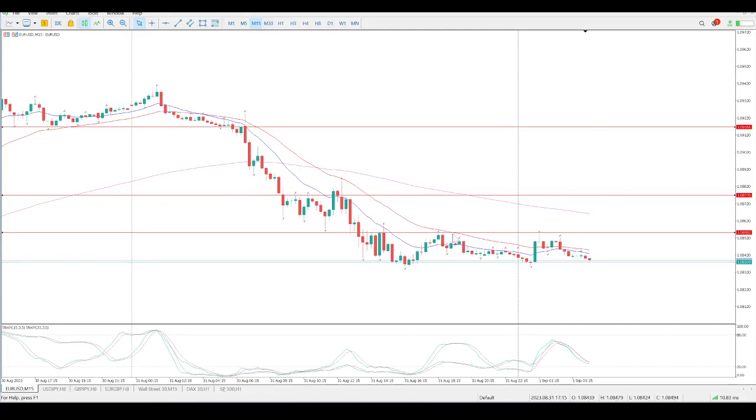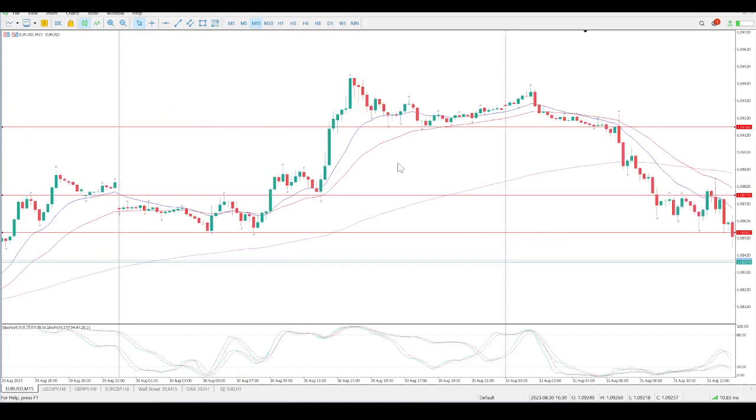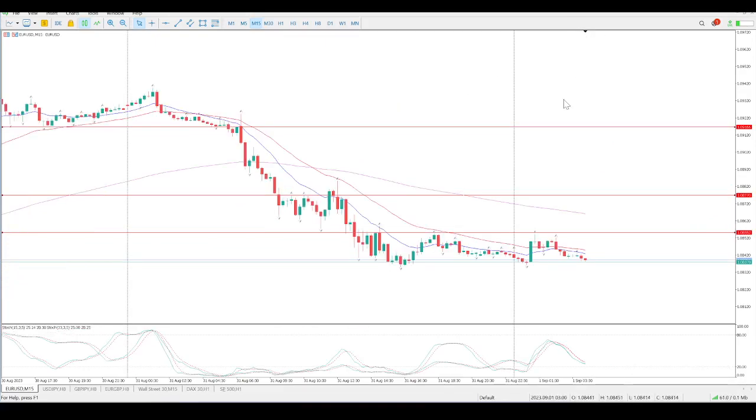So I think we are going to range here until non-farm payrolls is out. But you know, these are the levels to pay attention to. I think this is the first one, 1.08552, and then the other one would be a break of yesterday's low. Sorry guys, my charts are really battling.